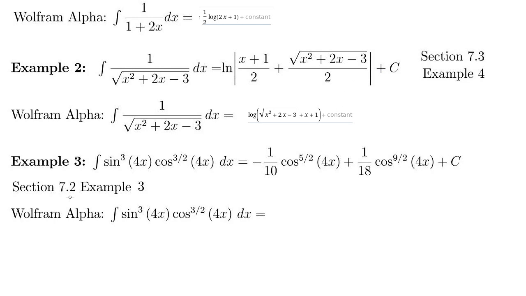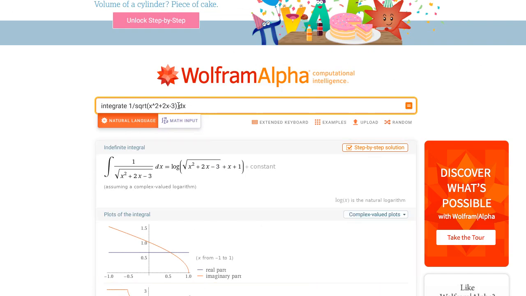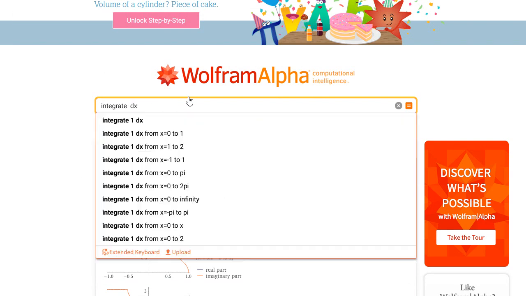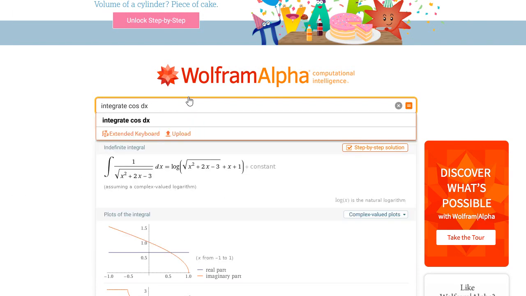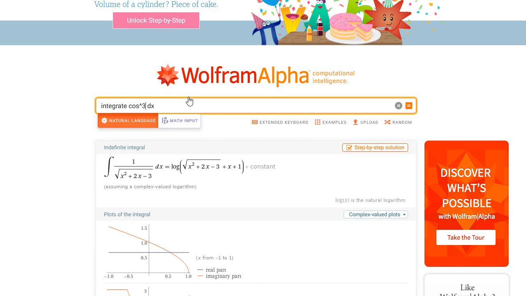Let's look at section 7.2 example 3. So this was a trig integral. This is the answer that we got doing it by hand. Not super neat, but it's not terrible. Two cosine powers here. So let's put this into Wolfram Alpha and see what we get. So it's a cosine cubed 4x. So I'll type my cos, I'm going to use a caret, cubed, parentheses 4x.